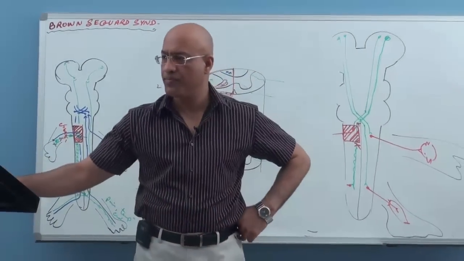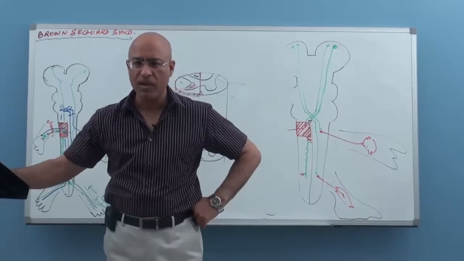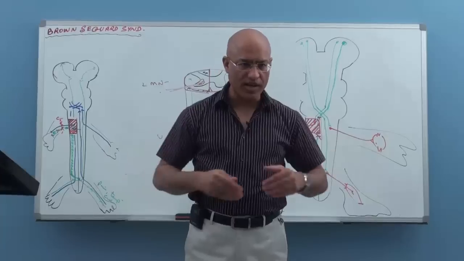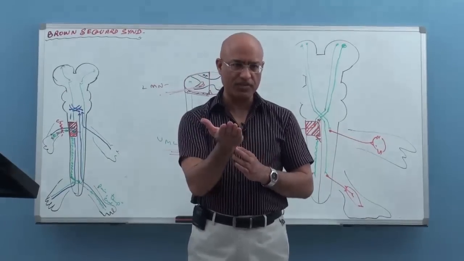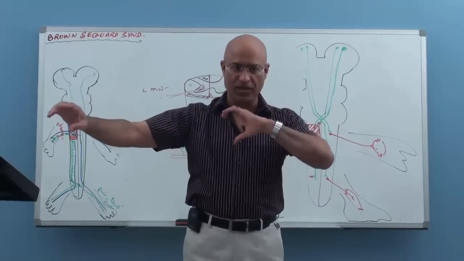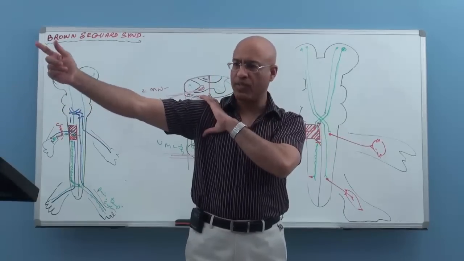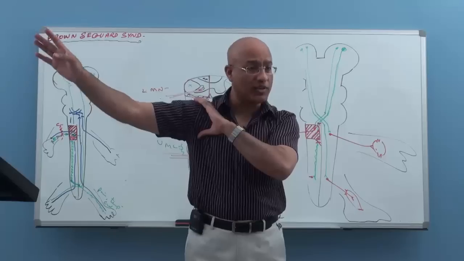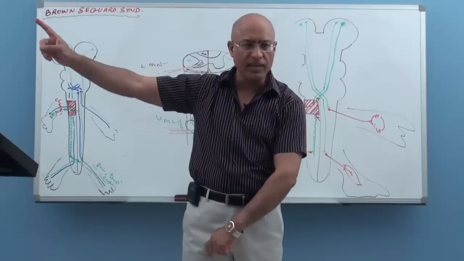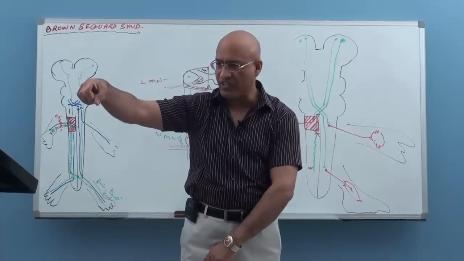Any question? No question. Okay, now I will ask and you will tell me. We have a spinal cord here. We make a half section. Now tell me, at the level of the lesion, which sensations are lost? All sensations lost. Right? Below the level of the lesion ipsilaterally, dorsal column sensations.